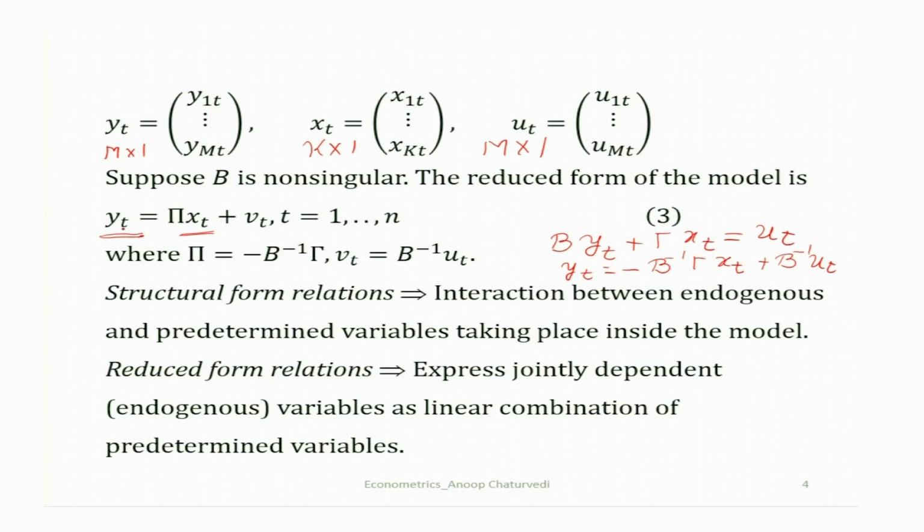In each equation, you are expressing a particular endogenous variable as a linear combination of predetermined variables, whereas in a structural form, each equation is based on the interaction between endogenous and predetermined variables taking place inside the model.